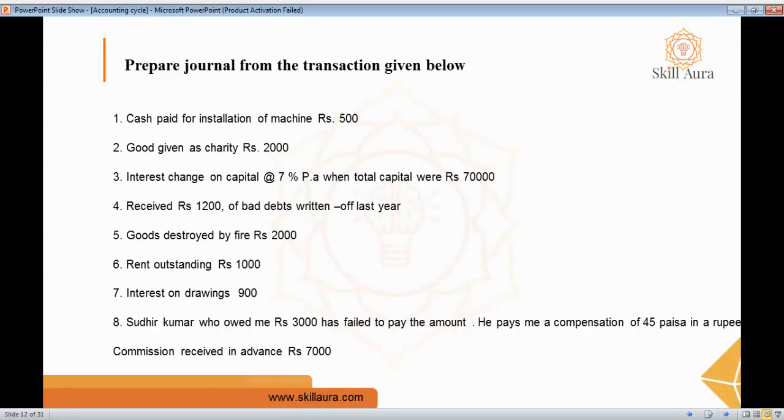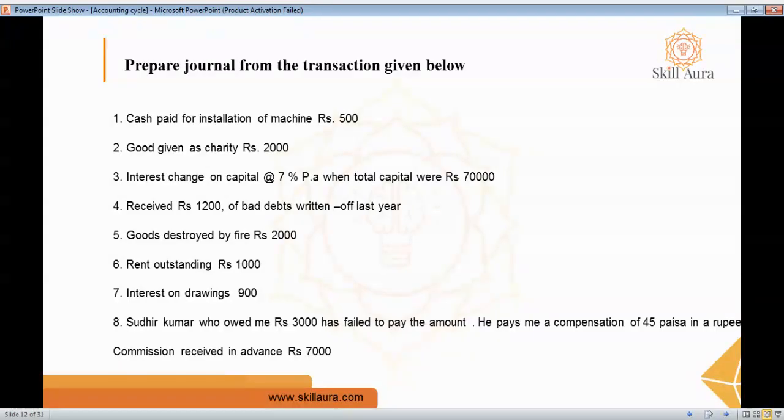We debit the drawings account, which records the amount of 900 rupees, which represents the interest on the drawings. It is a part of the capital account. So you debit the drawings account with 900 rupees in the debit column, and we credit the interest account, which reflects the interest on drawings, and you credit 900 in the credit column.